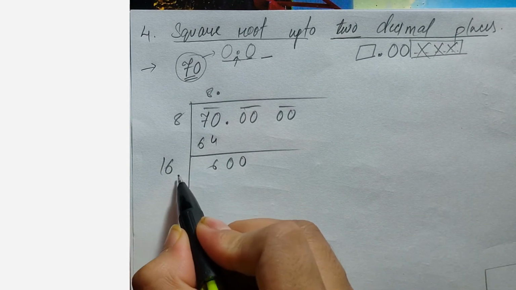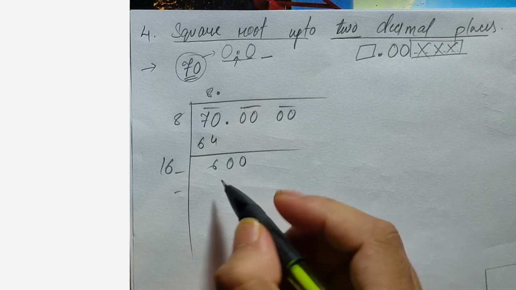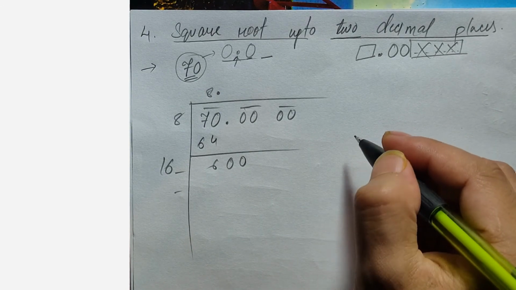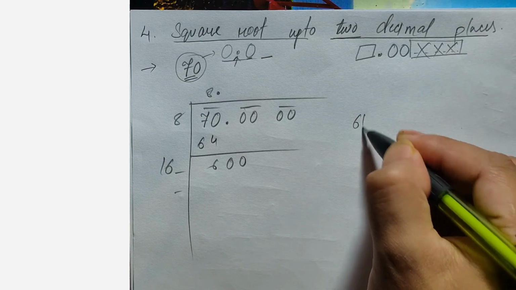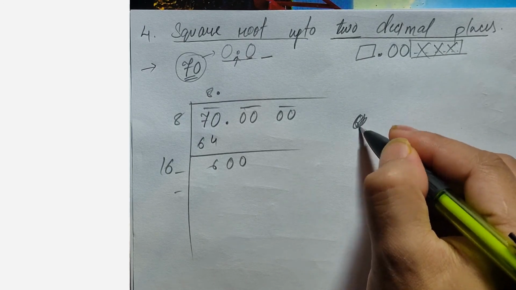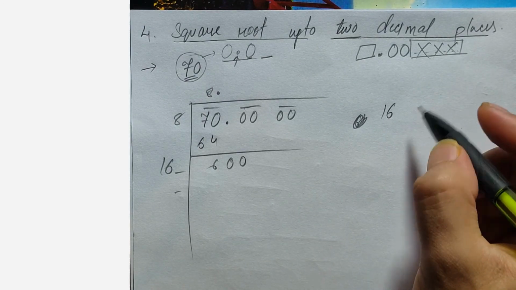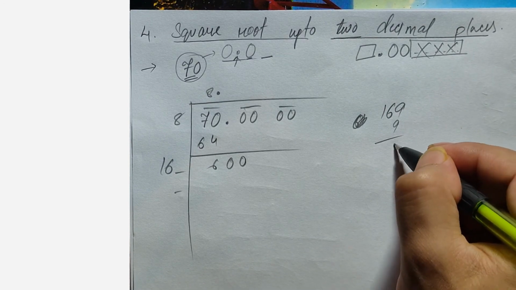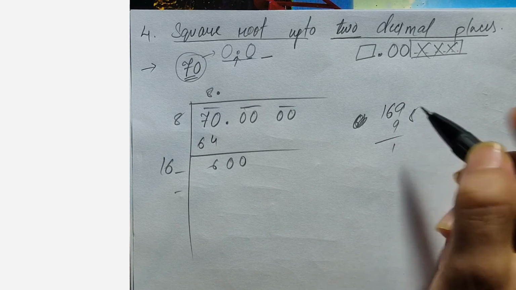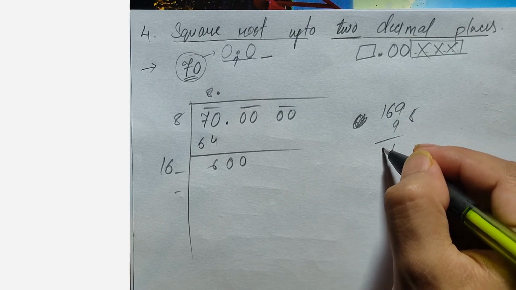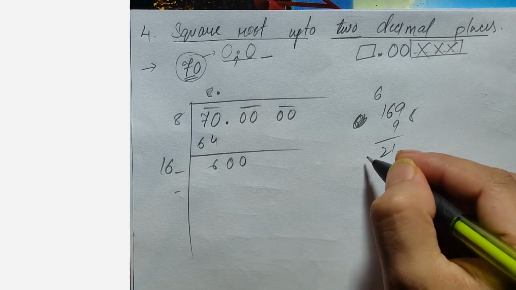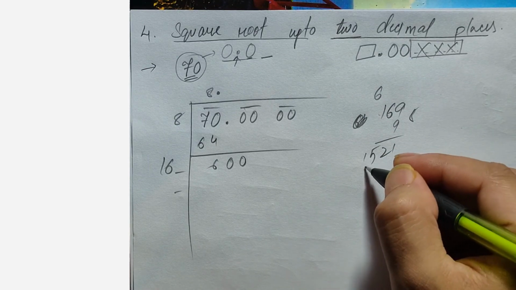Now you have to multiply with a number such that the product is almost equal to or very close to 600. The number, let's see, it is 16, so let's try 9. 9 nines are 81, carry 8, 9 sixes are 54, 54 plus 8 is 62, 9 ones are 9 plus 6, 15, so 1521.